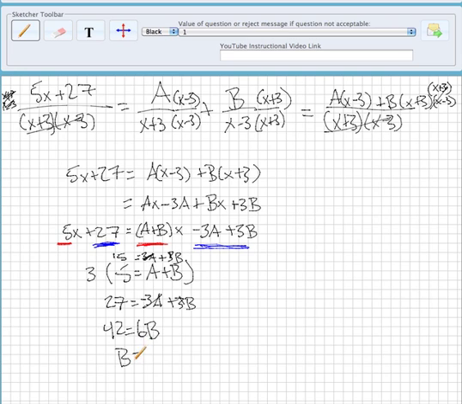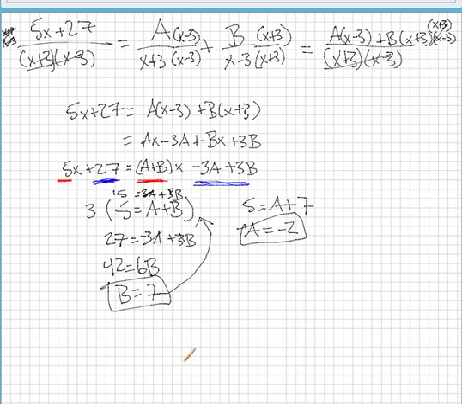So b is going to equal 7. And now we plug b back into the original equation. So 5 equals a plus 7. So a is going to equal negative 2. So these are our two answers, and we're going to plug them back in to get our final answer.